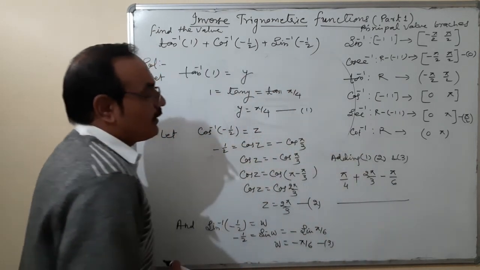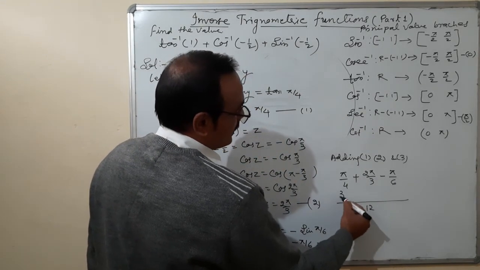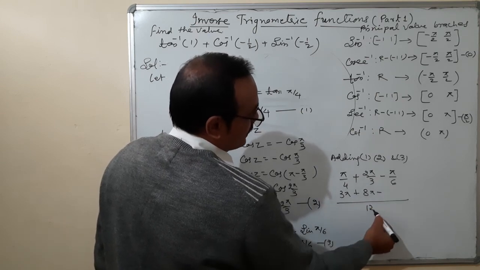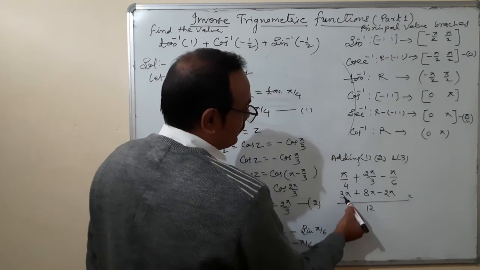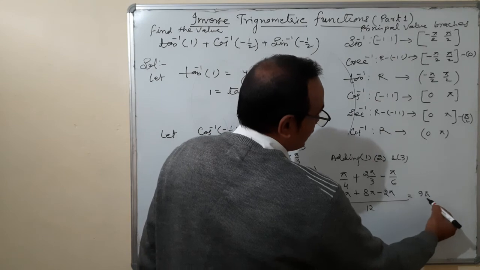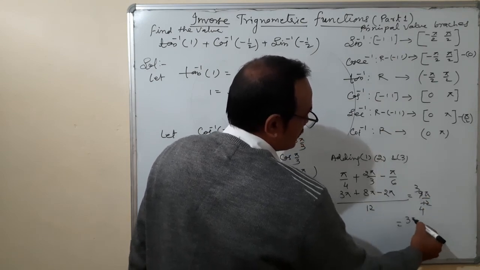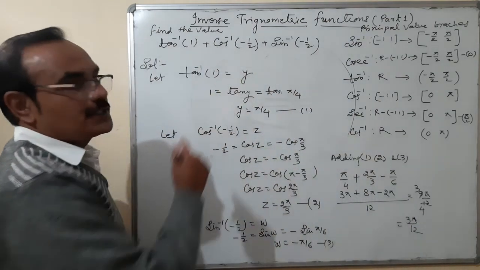LCM is 12. 12 by 4, 3 pi, plus 12 by 3, 8 pi, minus 12 divided by 6, 2, and it is 2 pi. So it is coming 3 pi plus 8 pi, 11 pi, minus 2 pi, 9 pi by 12. 3 3s are, 3 4s are. So the result is 3 pi by 4. Okay, this is the value of this term.